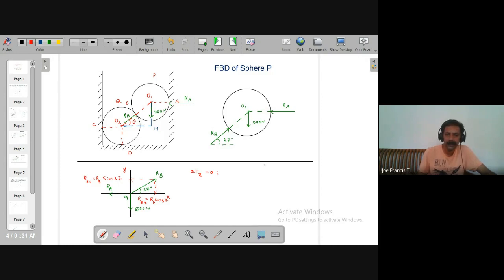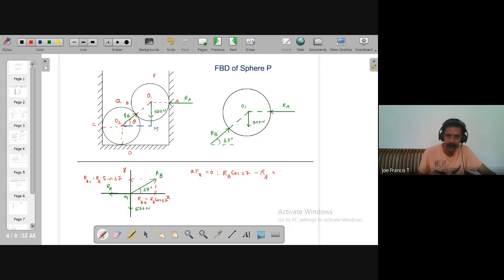So you have two components. If you consider the x component, in the positive direction you have RB cos 37, the component of RB along the x direction, minus RA.